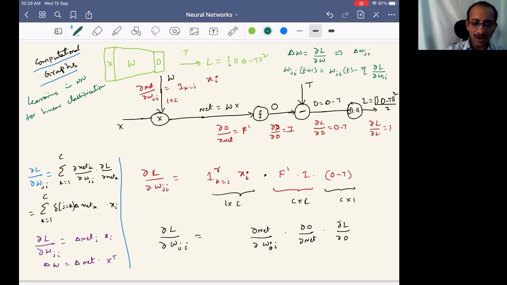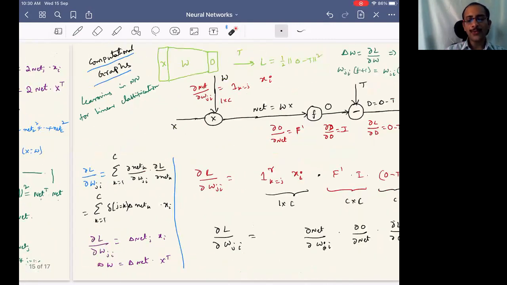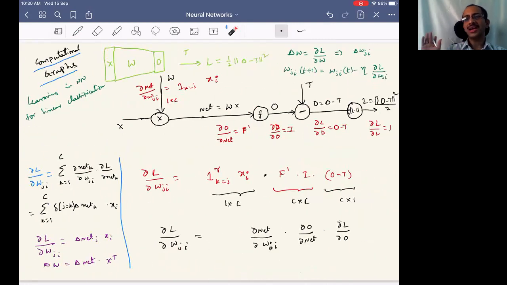See, if you know how to find the gradient for some activation functions, and for functions like norm, difference, e power minus x or sigmoid, e power operations, 1 by x operation, and then a couple of matrix vector multiplications and vector operations, is it not good enough to compute the gradient for any deeper network?